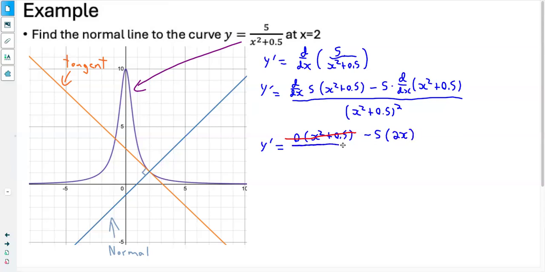And then that is all over (x squared plus 0.5), and that's squared. So we have y prime is equal to negative 10x over (x squared plus 0.5) squared.